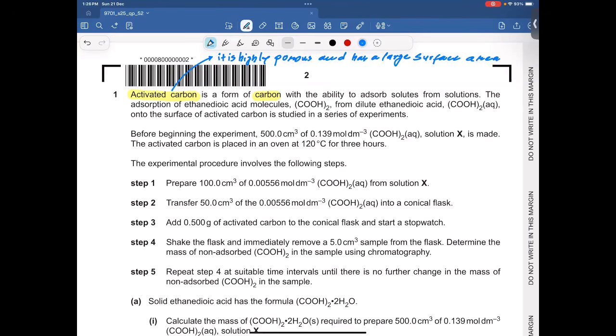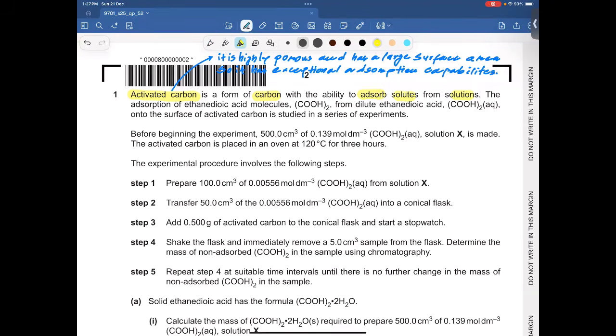So it has exceptional adsorption capabilities, which is why it has an ability to adsorb solutes from solution.